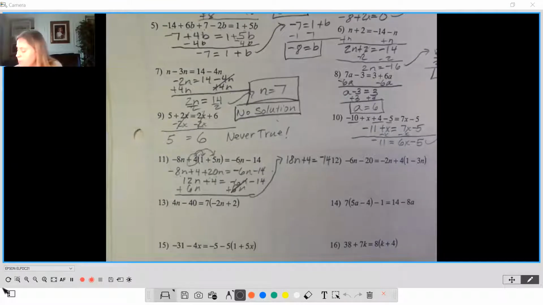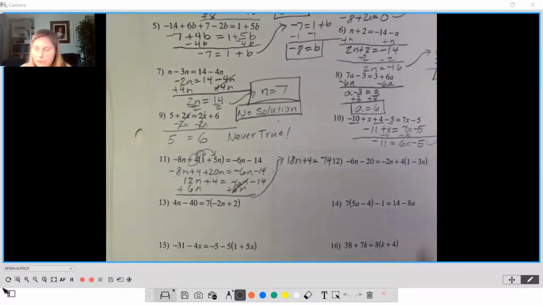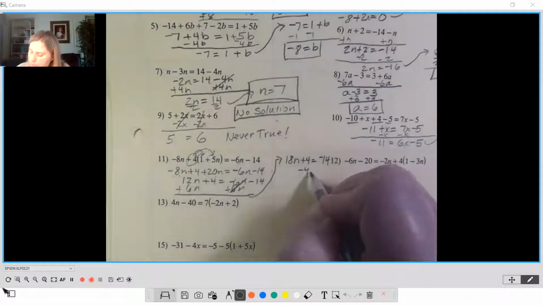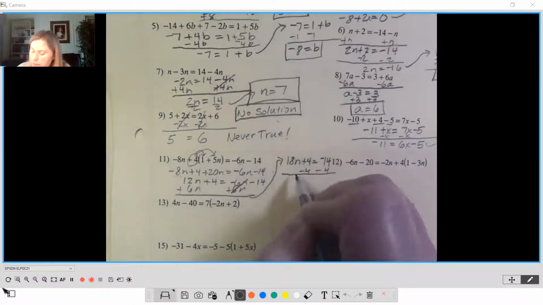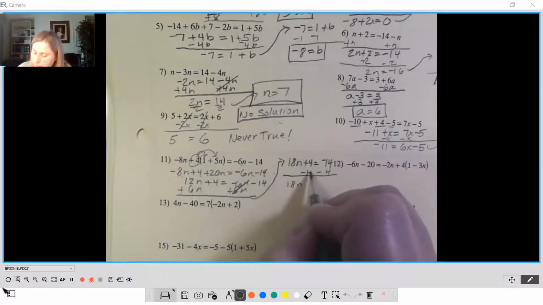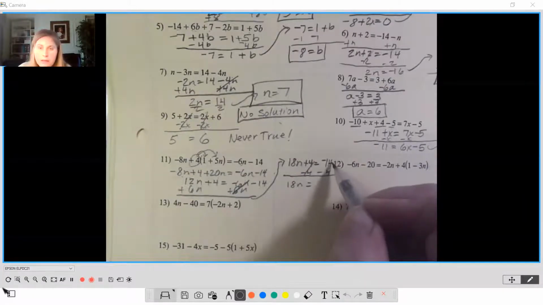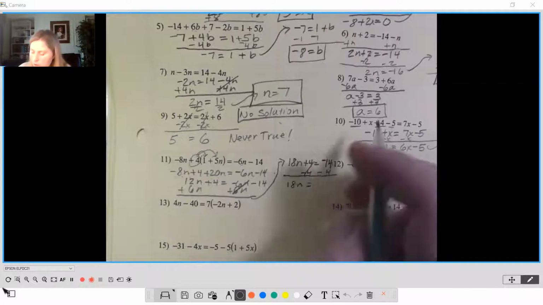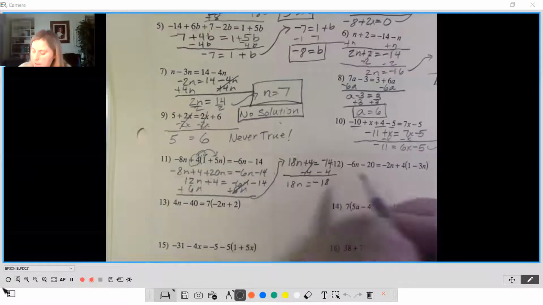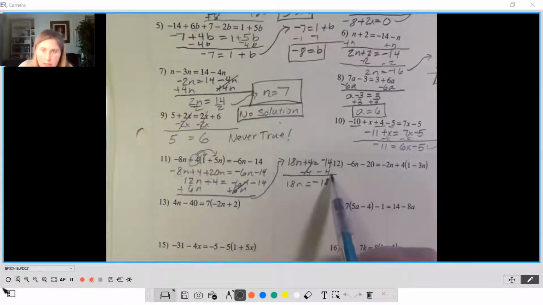Okay, then we want to subtract 4 from each side. Bring down the 18n. Positive 4 minus 4 is 0. Bring down the equals. Negative 14 minus 4 is negative 18. We're already at negative 14, and then we take away 4 more. That puts us at negative 18.